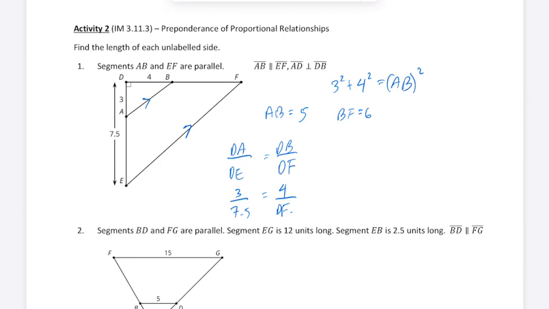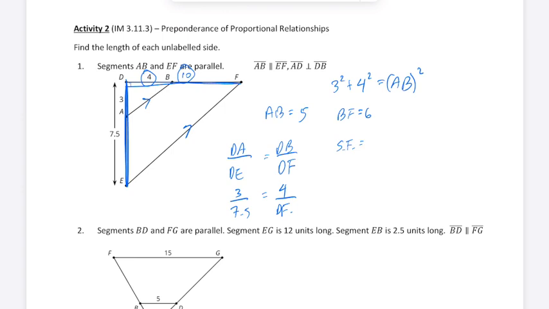And then EF, so if we want to find out EF, we can do Pythagorean theorem because we know that this side is 7.5. We know that this side is 10. Or what we can also do is figure out the scale factor. So to go from 4 to 10, the scale factor is new over old.